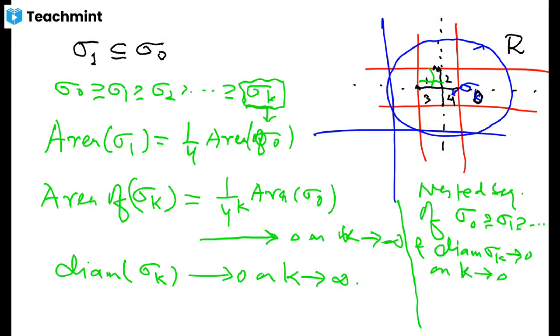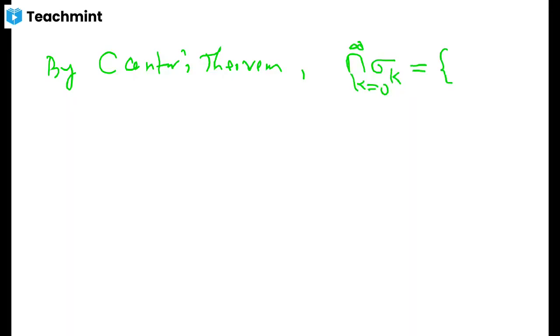What is the conclusion? By Cantor's theorem, the intersection of these squares for k from 0 to infinity contains a single point z naught.